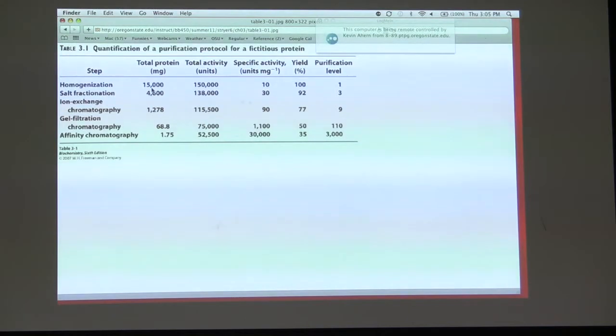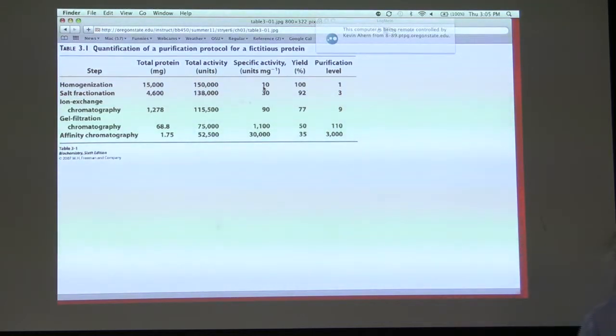So I might define a unit of reaction as, say, 1 microgram per mil per hour, something like that. So I have a unit definition, and this person's done this assay, and they say there's 150,000 units in this total tube. And when I divide this out, I get a specific activity.